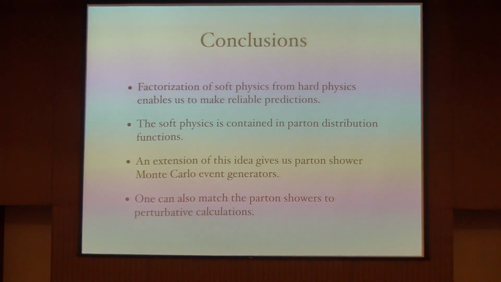That'll give you really detailed information about the final state at a cost of accuracy. And finally, one can try to match next-to-leading order calculations with Parton showers, and we didn't really get much chance to discuss that. So that's it. Thanks.